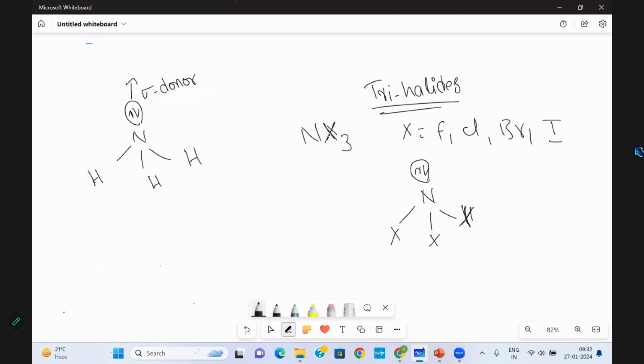Now let us consider NX3. Which one could be the better sigma donor between NH3 and NX3? Which can give electrons easily to metal centers? NH3. Why not NX3?